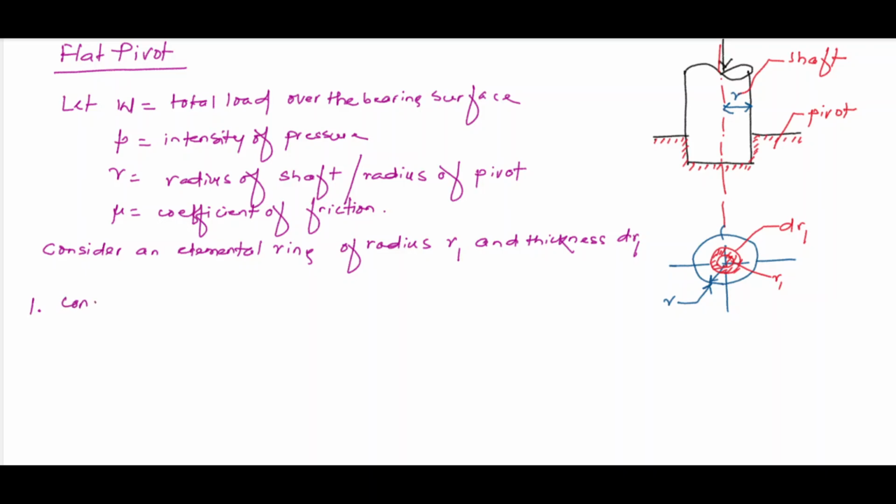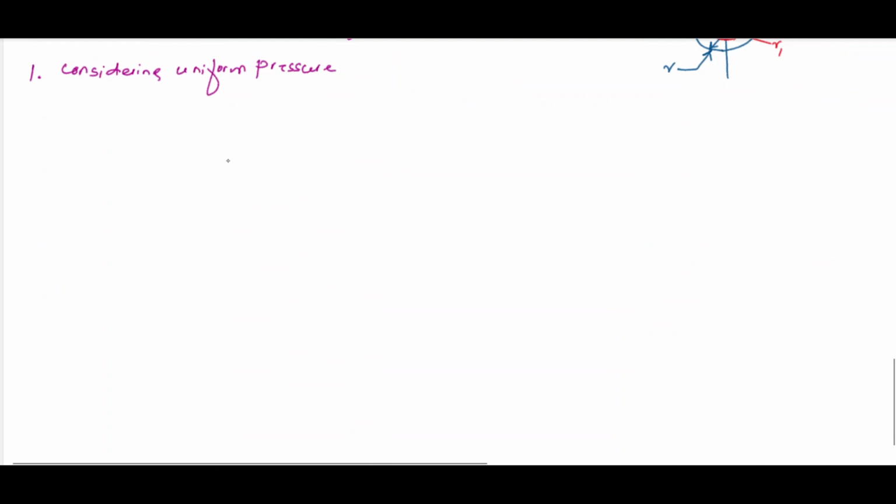First we'll consider the case of uniform pressure. Considering uniform pressure, the area of the elemental ring will be 2 pi r1 into del r1.